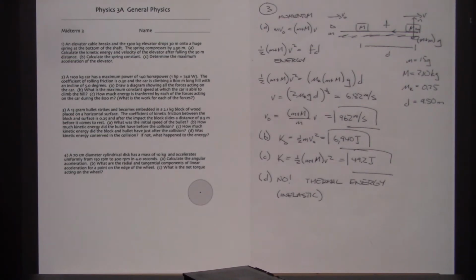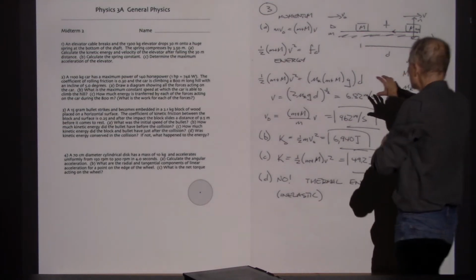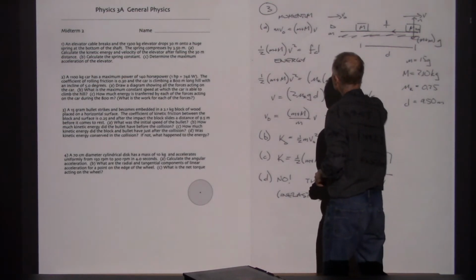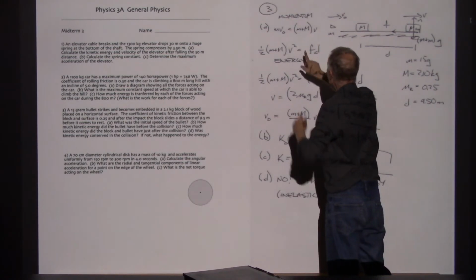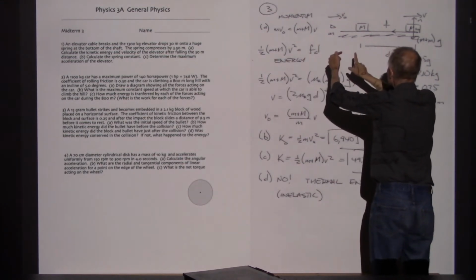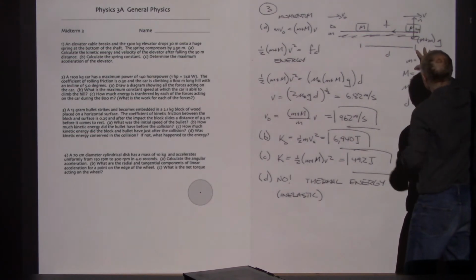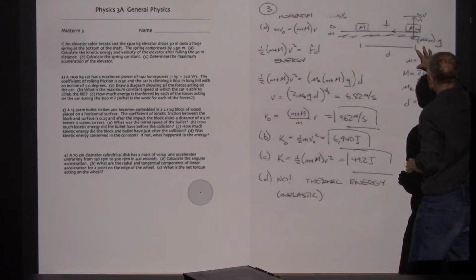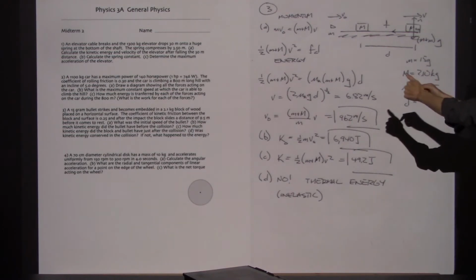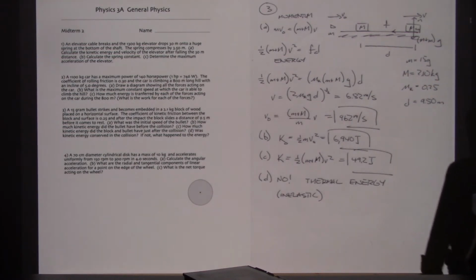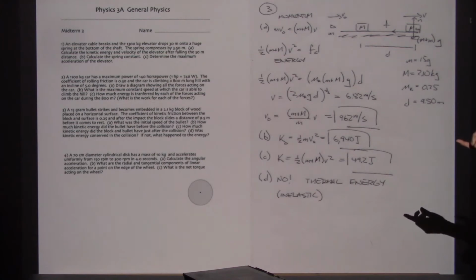So now that I've used the energy formula, I can go back and use the momentum formula. What happens here is the thing gets fired and then it slides. Now all the information we have is at the end of the problem, and then we have to work our way back through to the beginning. So I know what the numbers are at the end.